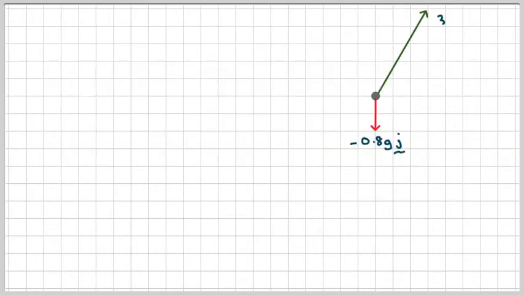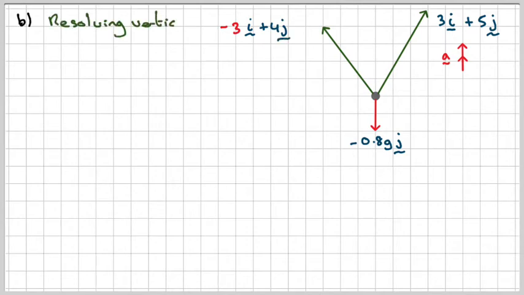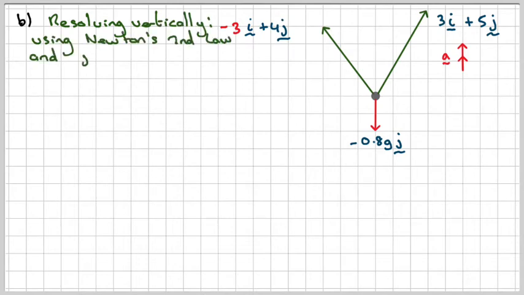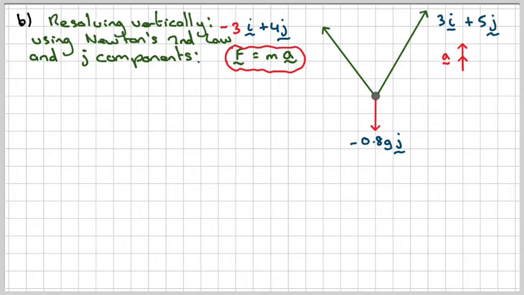Okay, drawing our diagram again. If we now resolve vertically, using Newton's second law, F is equal to ma, we will have 5 plus 4 minus 0.8 g must be equal to the mass times the acceleration.